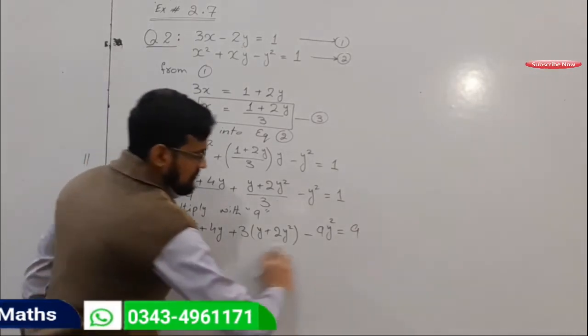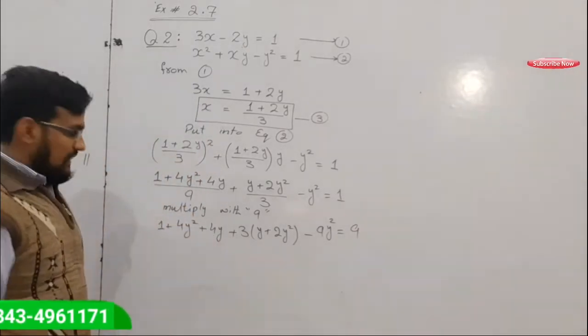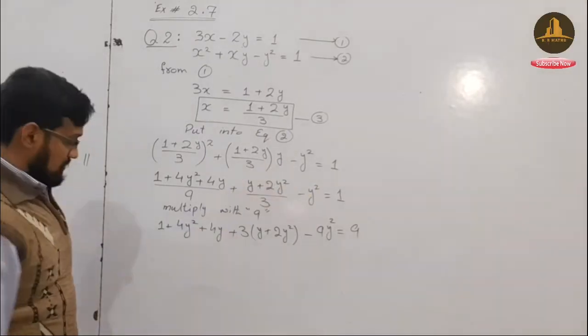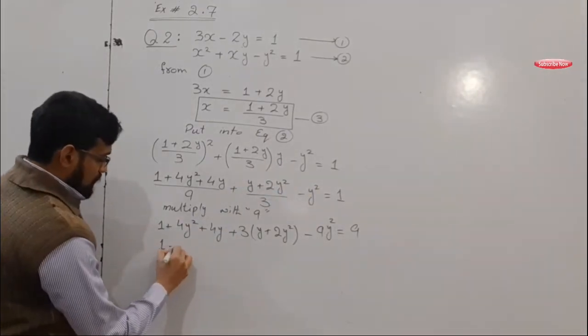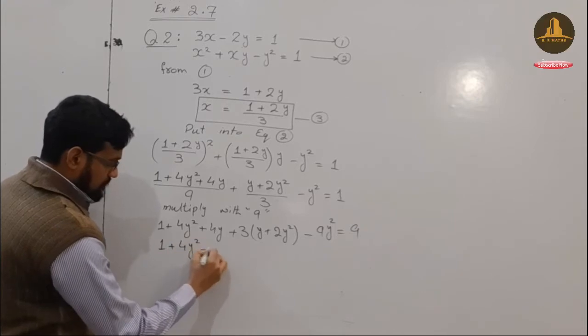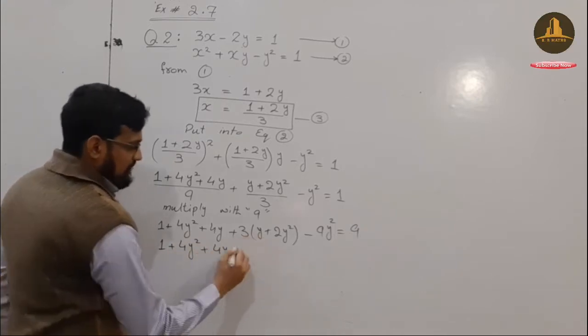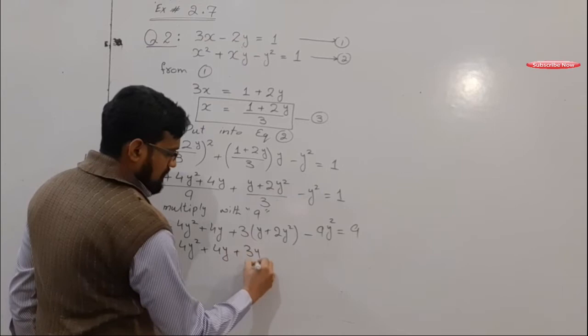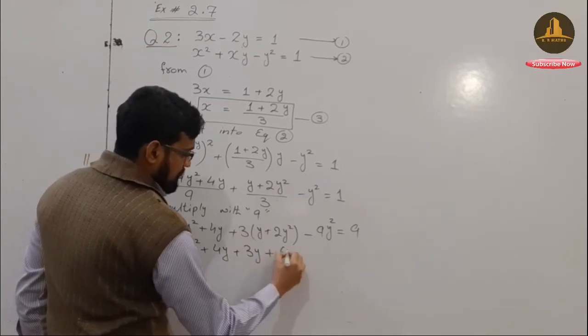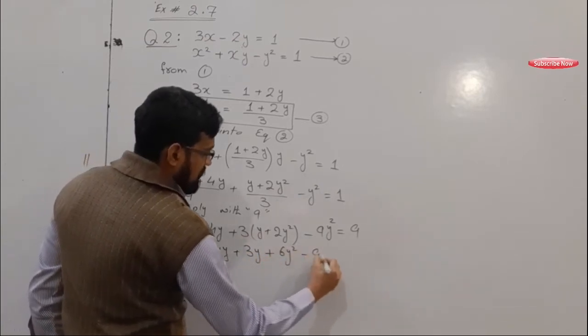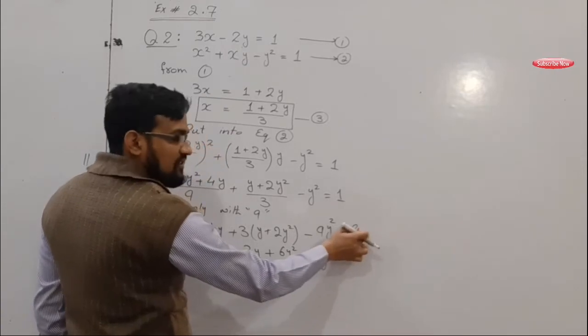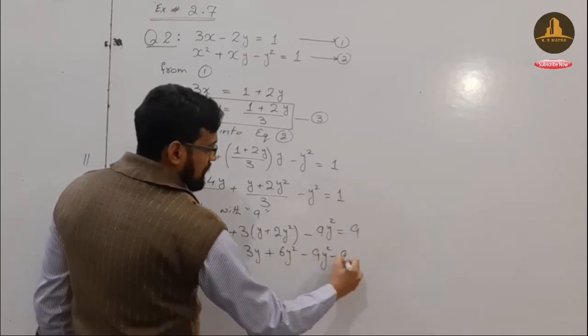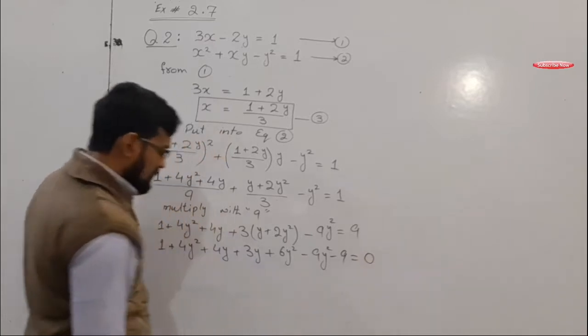So student, this is the linear formation and then open the bracket: 3y, 3 twos are 6, y square, 9y square. So this 9 moves here, then it becomes minus 9 equal to 0.